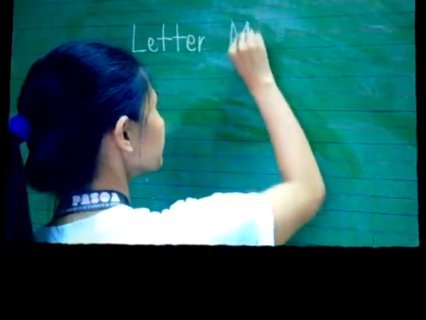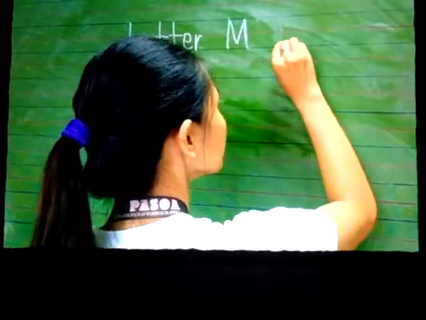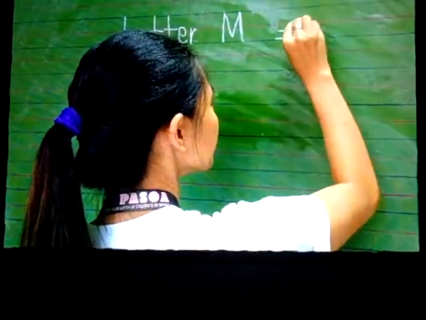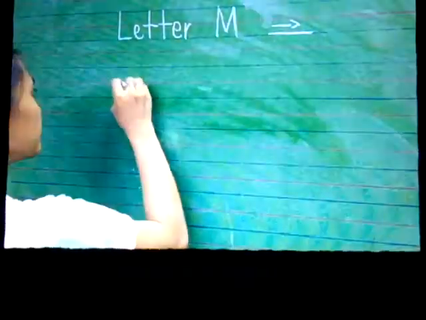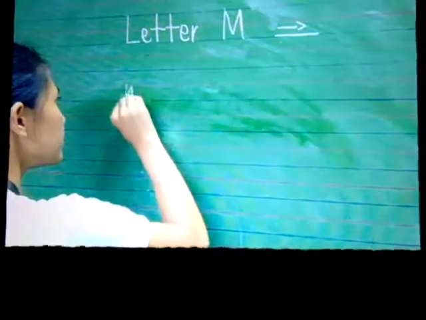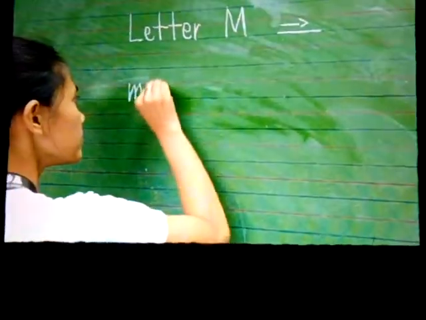The shorthand stroke for M is a longer forward straight line. Example of this is the word may.